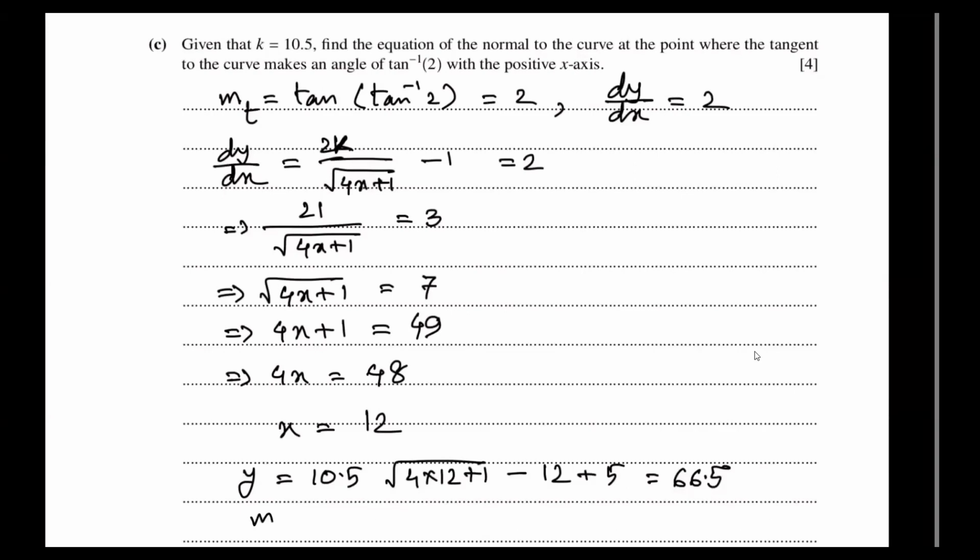The gradient of the normal is the negative reciprocal of the gradient of the tangent, and it passes through (12, 66.5).